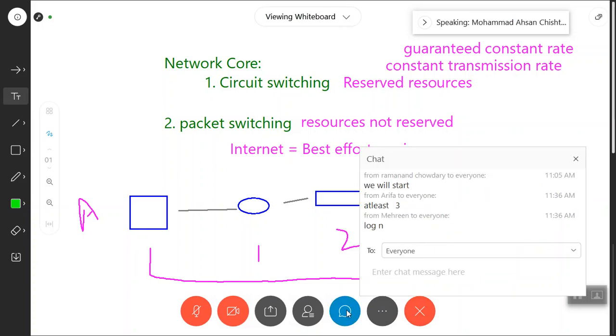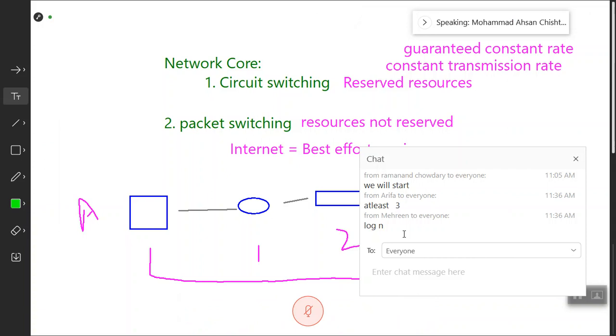Any participant in the chat, or you can use your microphone. What did we call that delay? Nobody? It's simple. You are made to wait in a queue, which is in the buffer. And it's a queuing delay.